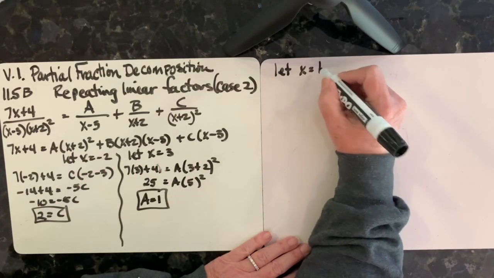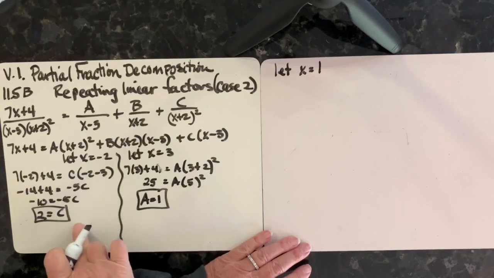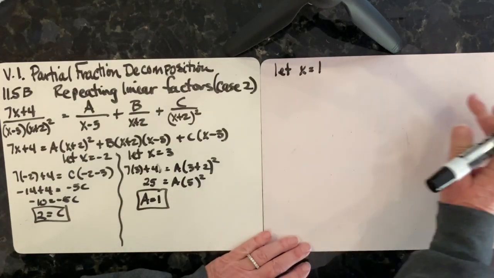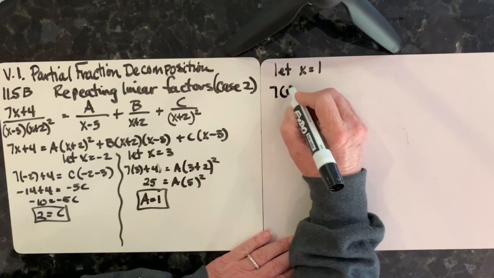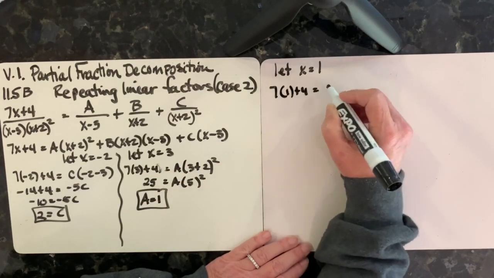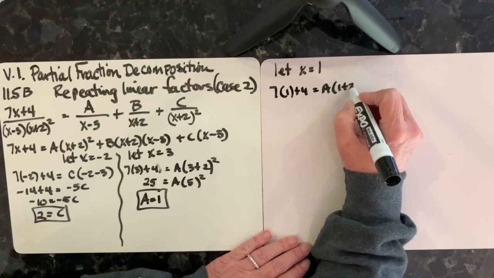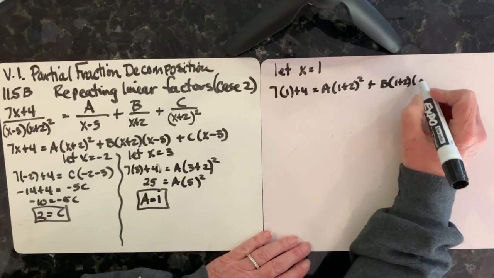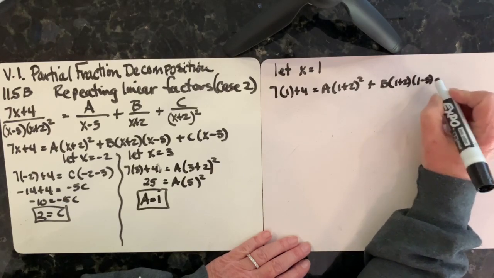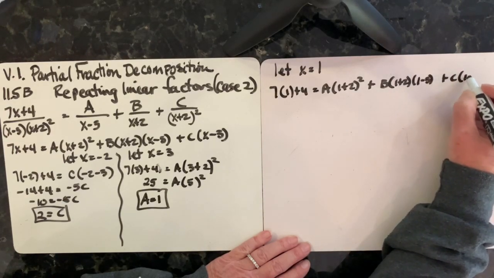Then I'm going to use these to get me the rest of the numbers that I need. So I got 7 times 1 plus 4 equals a times 1 plus 2 squared plus b times 1 plus 2 times 1 minus 3, plus c times 1 minus 3.